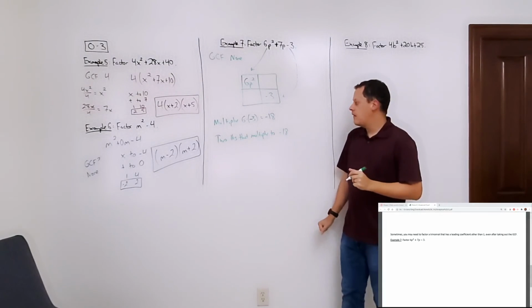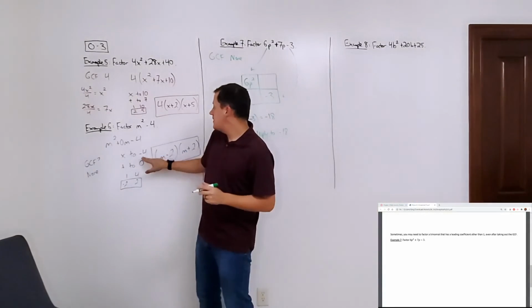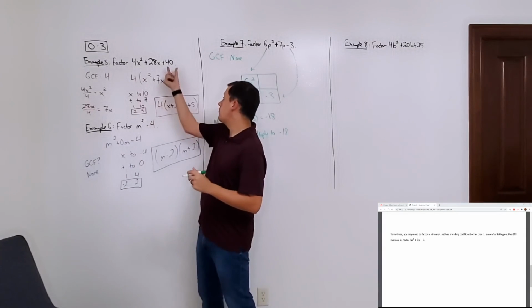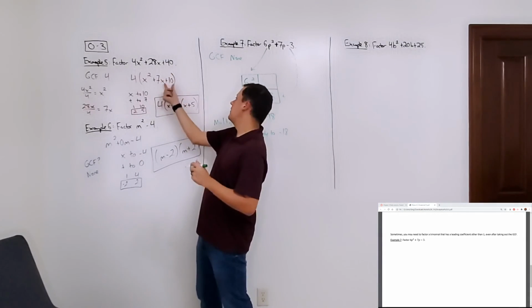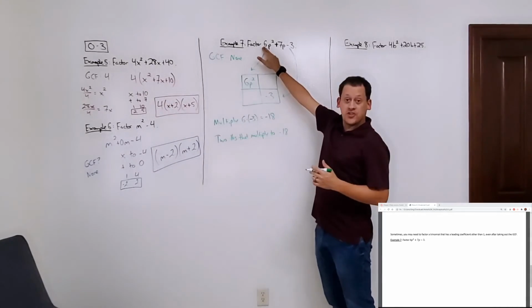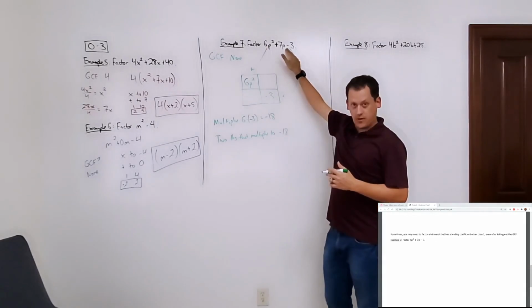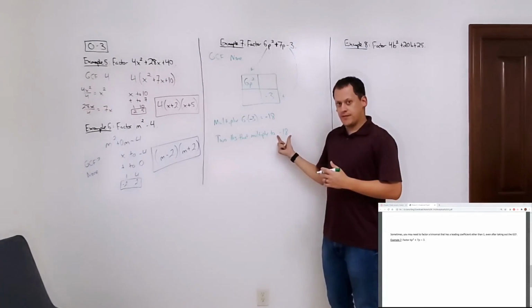Back in those problems, the number that we needed to multiply to was always just the last number. But if this leading coefficient is something other than 1, it's actually these 2 numbers multiplied together that they need to multiply to.